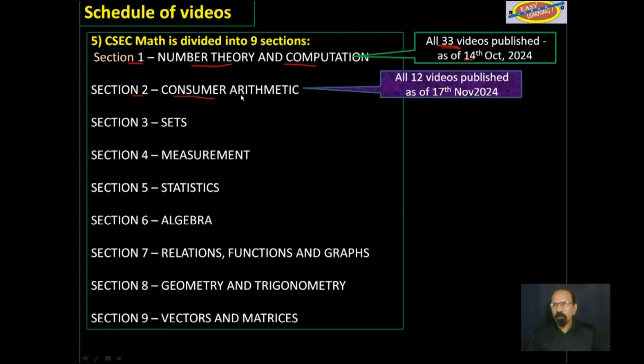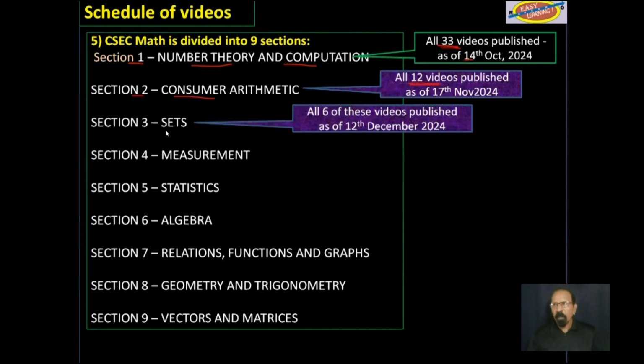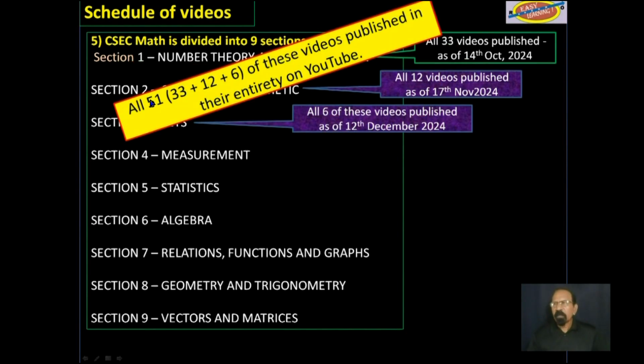Section 2, Consumer Arithmetic: all 12 of those videos have been published on YouTube in their entirety. Section 3, Sets: all 6 of these videos have been published in their entirety on YouTube. So as I said, that's 51 videos published on YouTube in their entirety.